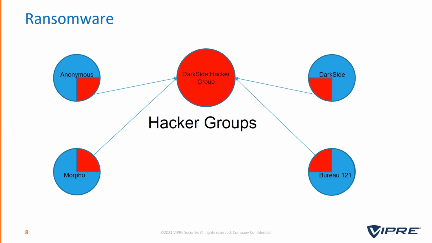So now we have new hacker groups coming in and appearing, and old hacker groups disappearing. So that also makes it very complicated to track what is going on and how it's developing in that area, because we see them pop up and we see them disappear. And in the same way, we see ransomware pop up and we see them disappear, or we see, just like now, new ways of doing ransomware, new methods, new types of ransomware.